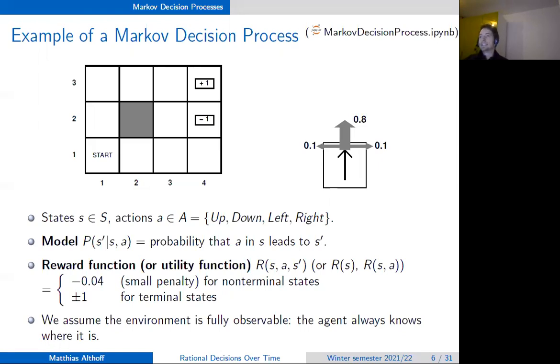So what would be a good sequence of actions? Yeah, we don't know the next state 100%. Right, that's the problem. A good sequence would be up, up, right, right, right. Okay, so let's assume we go up, but then with 10%, we don't go up, but we go left.